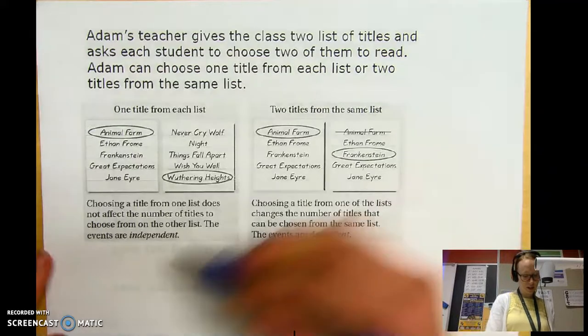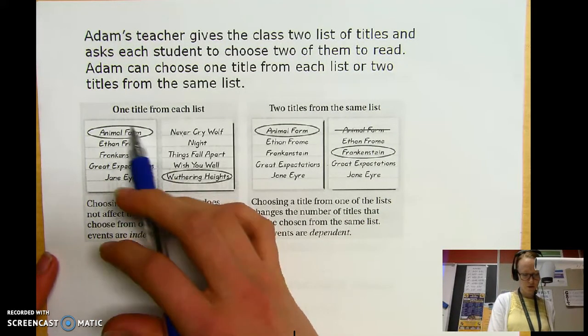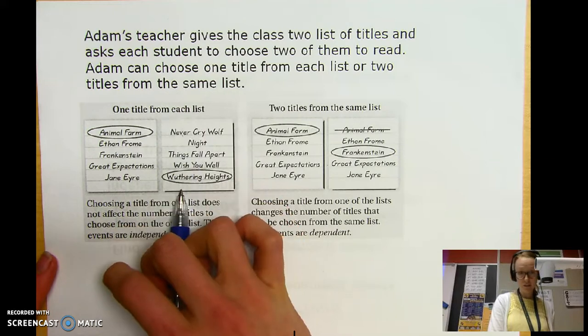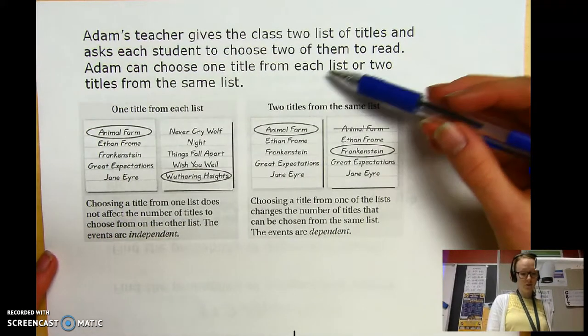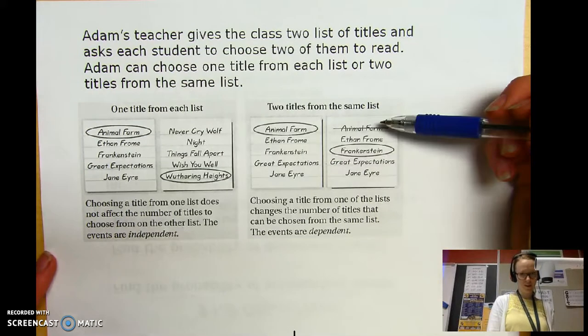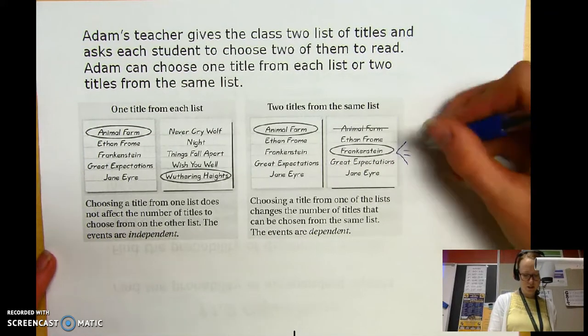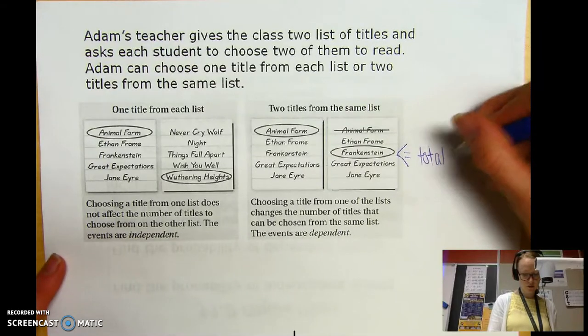And as you can see in this first one, you can choose one title from each list. So notice how the two lists are different. And then here, if you choose two titles from the same list, if you choose Animal Farm first, you can't choose that again, right? So the idea is that the total number of options changes.